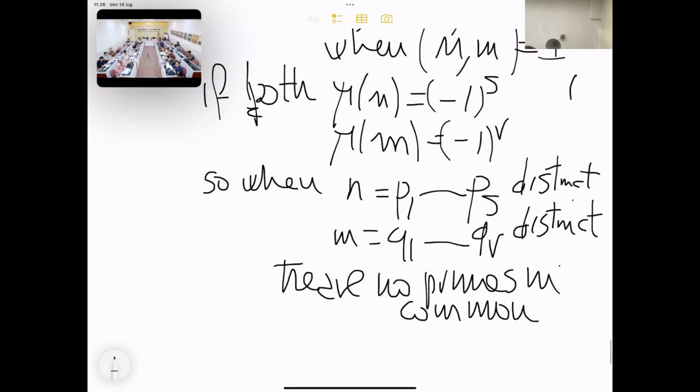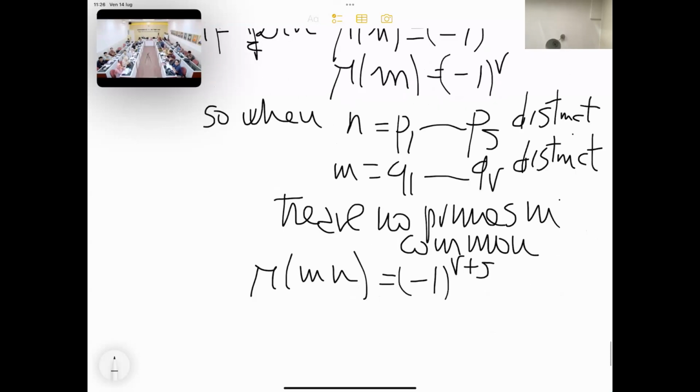So mu of nm is (-1)^(r+s), right? Because the product is going to be the product of s plus r distinct primes, and this is equal to mu of n times mu of m.